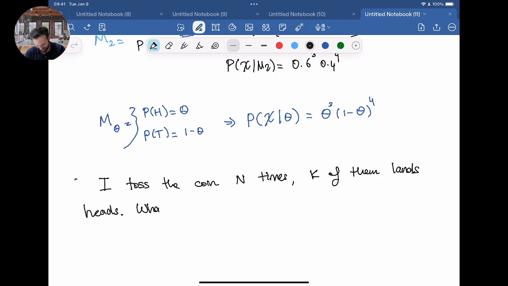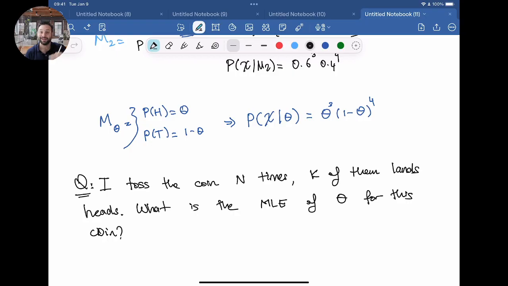So this is my big question: what is the maximum likelihood estimation of theta for this coin? In other words, what might be the best model for this coin that I'm talking about? How is my coin? I'm asking actually.